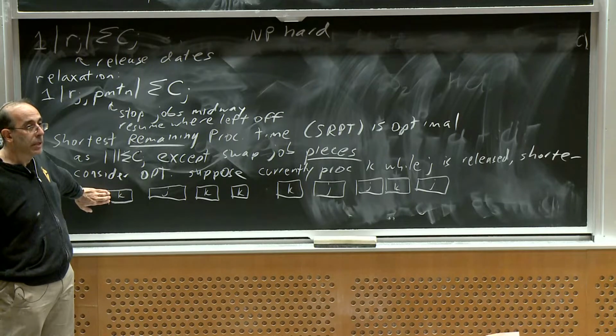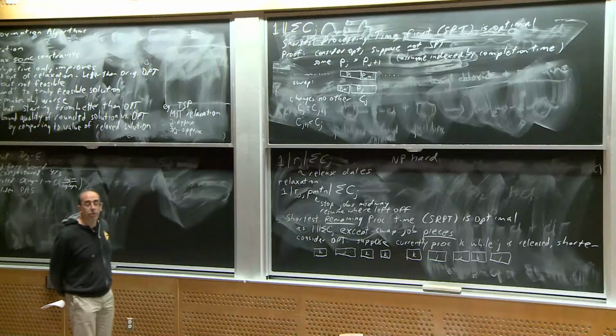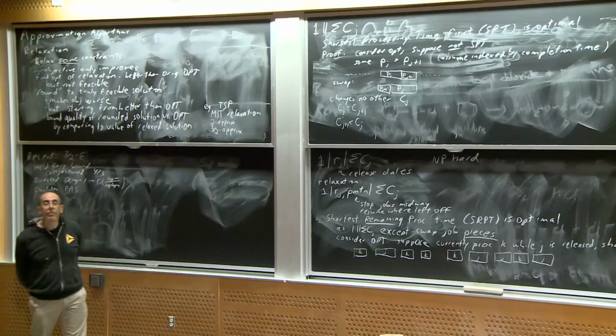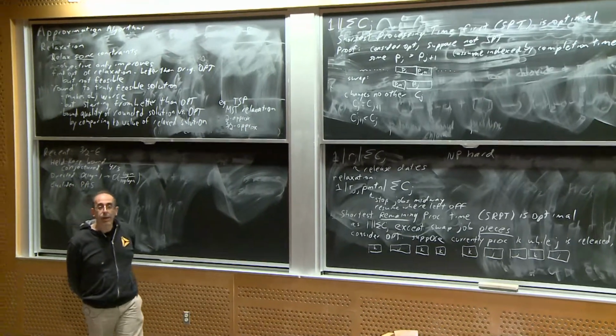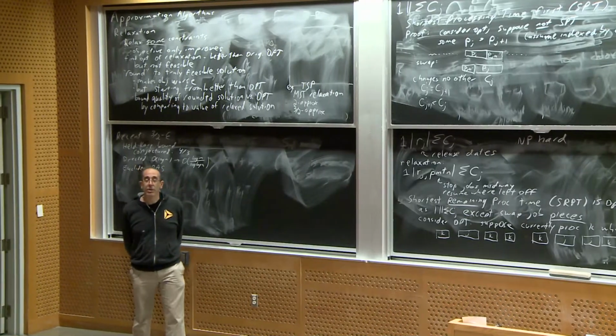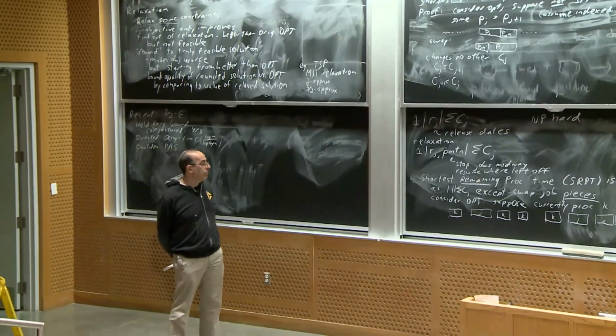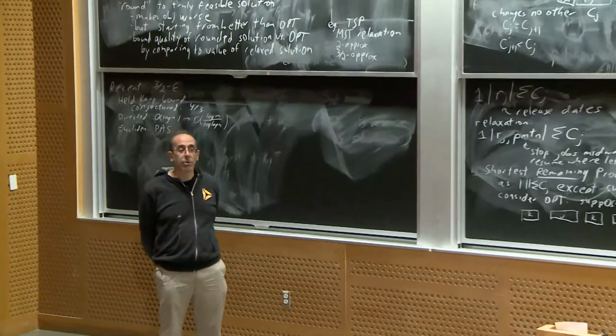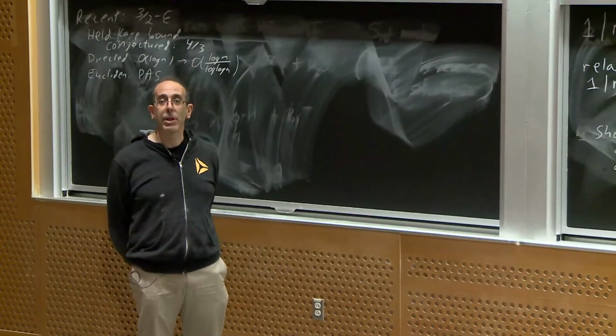Okay. So I want to arrive at a contradiction by rearranging just jobs J and K as I did for 1 || sum Cj. I'm claiming this is the optimum schedule. What should I do to show that it's not the optimum schedule?